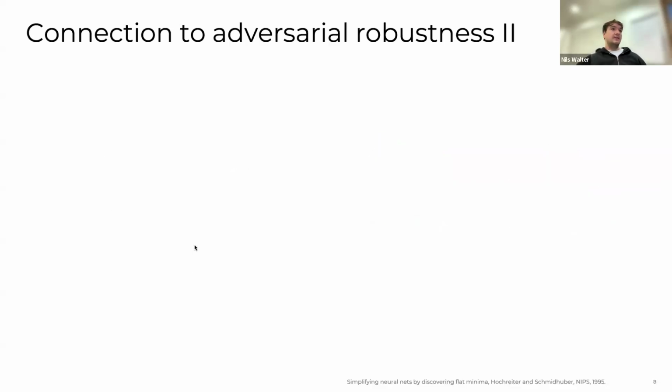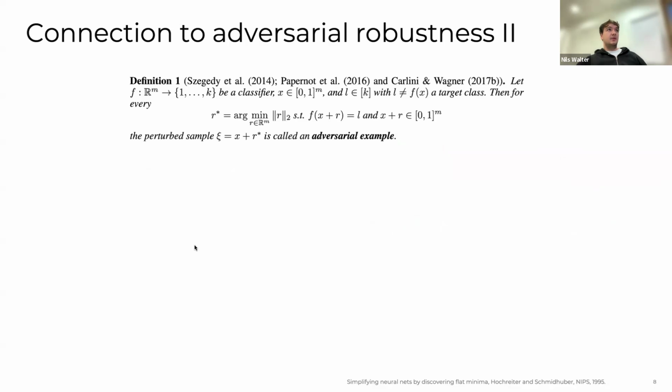So the next step, where this intuition comes in: if we look at this definition of an adversarial example that has been floating around since 2014, it's defined as an optimization objective, where you search for the minimal perturbation such that your label flips, and then this perturbation plus your image X is what they call an adversarial example.